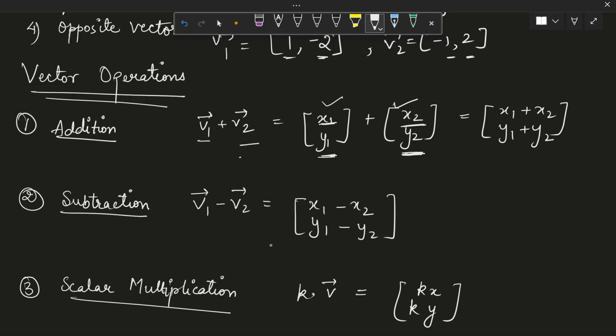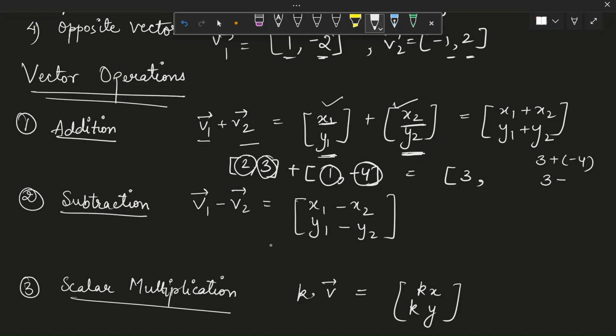If we take an example of a row vector, we will be adding corresponding elements. 2 plus 1 will become 3 and 3 plus minus 4 is a pretty basic calculation, but still I will show. So it becomes like this and the output will be minus 1.